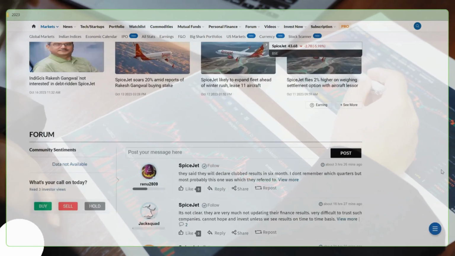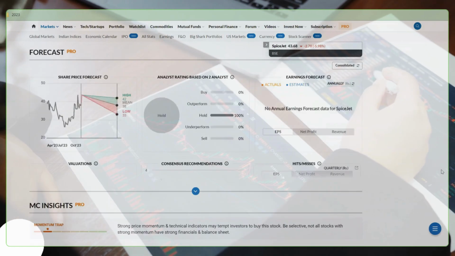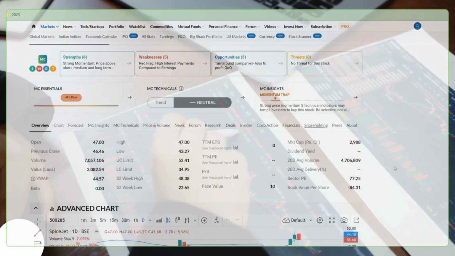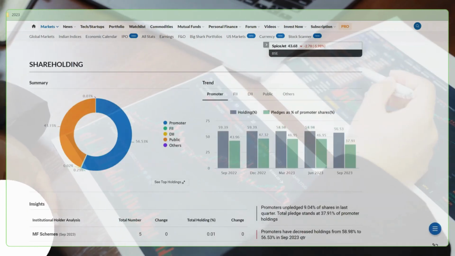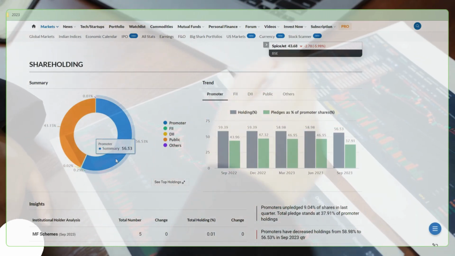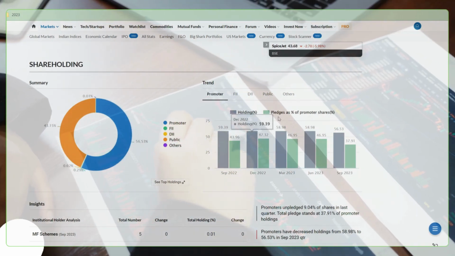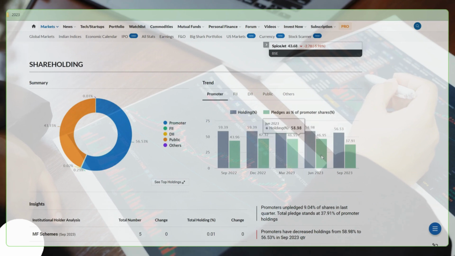Shareholding, yes. Where is shareholding? Yes. So here you see this company. Promoters have around 56%, that is more than 50%, so it fits our criteria. But if you see the pledged share, this green one is the pledged share, right?